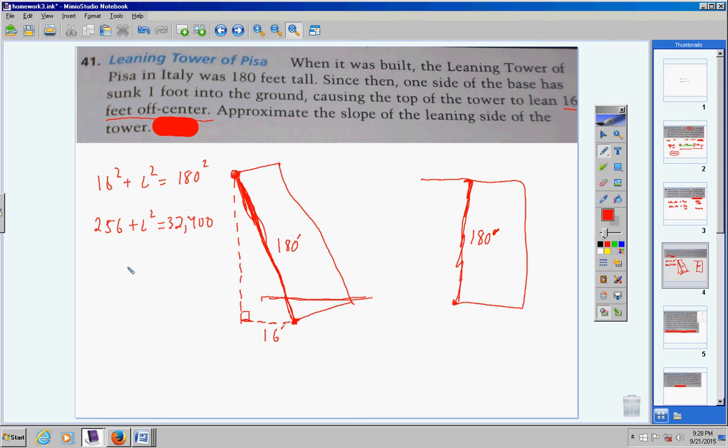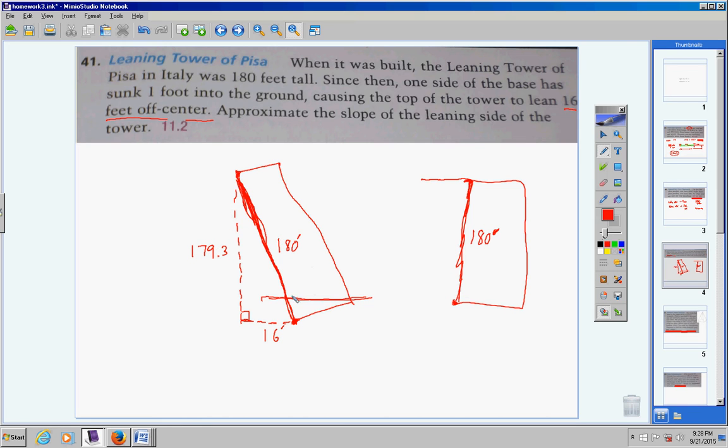Now, subtract 256 from both sides, and you'll get 32,144. And now take the square root of both sides, and you'll get 179.3 if you round it. So the height right here is 179.3, or the rise, I should say.